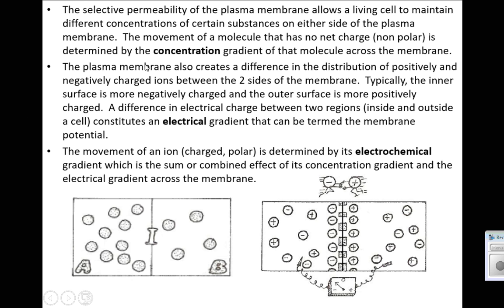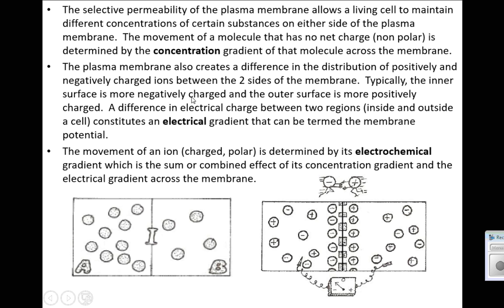Okay. Now, our plasma membrane also creates a difference in the distribution of charges. Remember we talked about positive ions and negative ions? Well, they're going to be located in different numbers inside and outside the cell. And for that reason, the cell will have a certain charge.